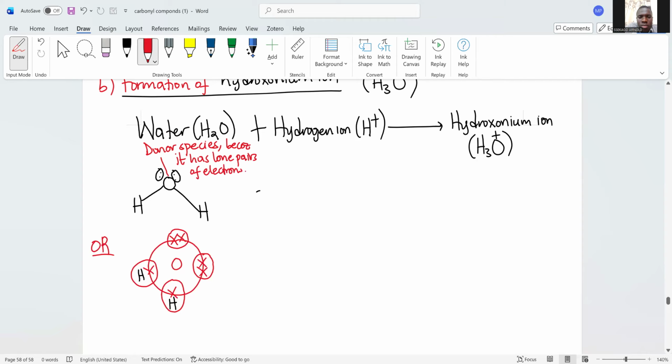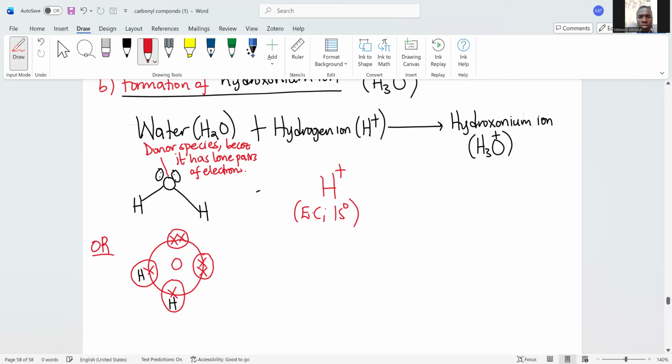Then the hydrogen ion, I want to say that hydrogen itself is 1s1. Hydrogen as an atom, 1s1, but as an ion, it has already lost 1 electron. So it has empty space. So here we have H plus, note it has electronic configuration 1s0.